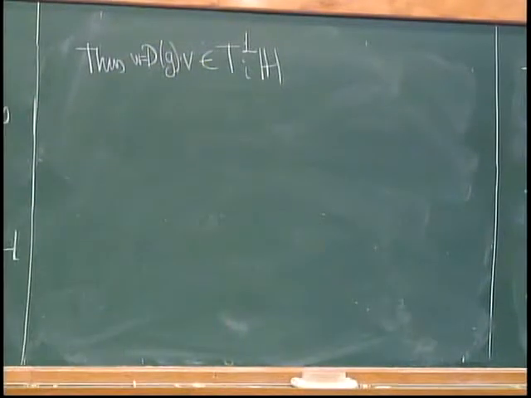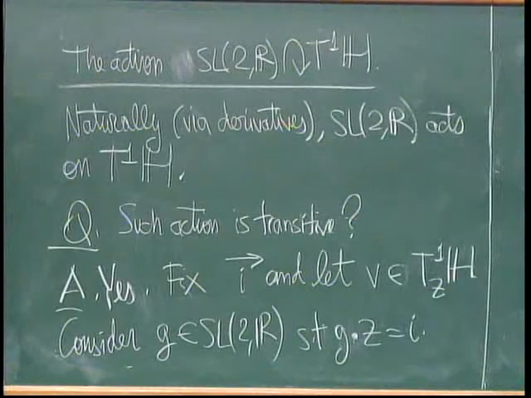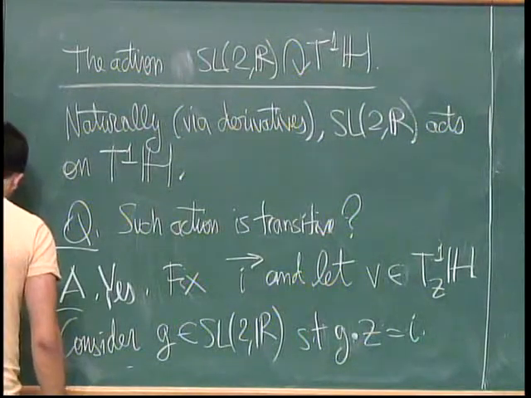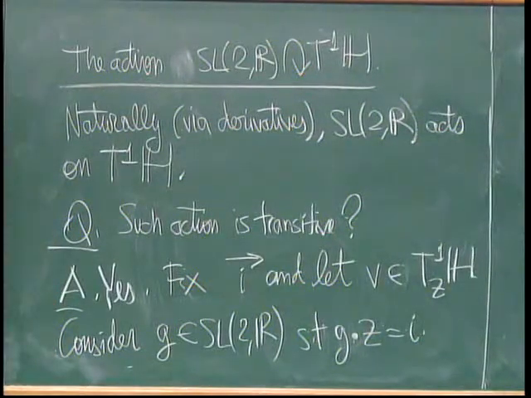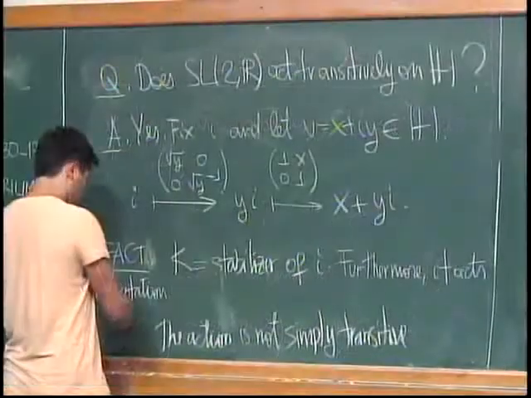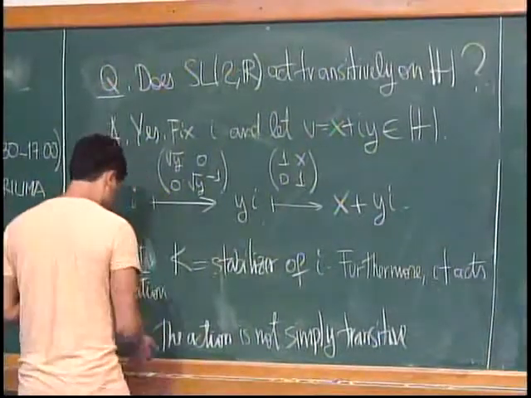And part of this fact here that I should have written here, that K is the stabilizer of I. Furthermore, it acts by rotation. It is not a rotation in the natural sense that if you have an element of K which is defined by the parameter theta, the rotation is going to be defined by theta.